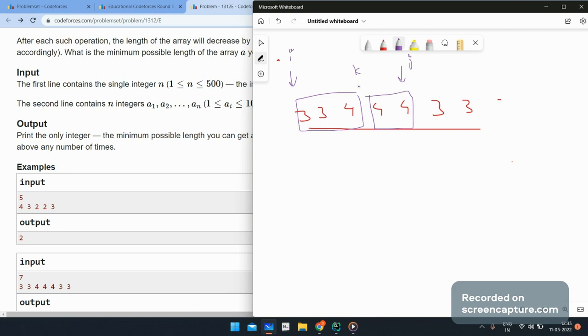So i to k is one story, and k plus 1 to j is another story. Dividing an array is very important here. If we don't divide that array, then we'll probably get stuck and there is no way out. So from i to k and from k plus 1 to j.